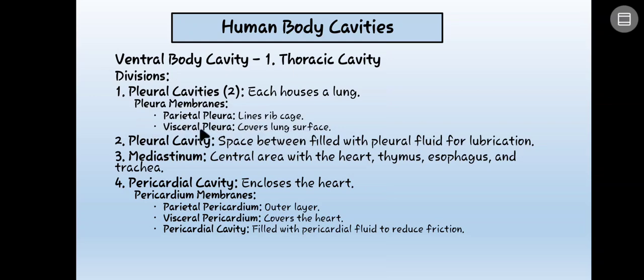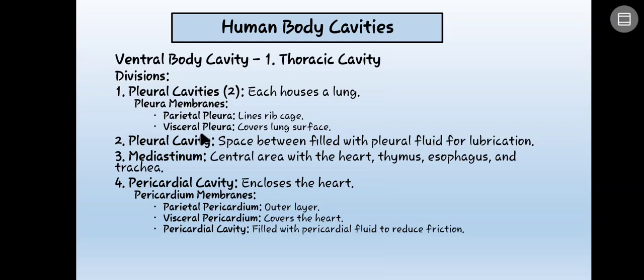Parietal means closer to a cavity, so it lines the rib cage. When you see parietal pleura, it is the membrane of the lungs that lines the rib cage. This membrane is more like a carpet laid within the rib cage before the lungs themselves, with their outermost membrane, the visceral pleura, come to lie in it.